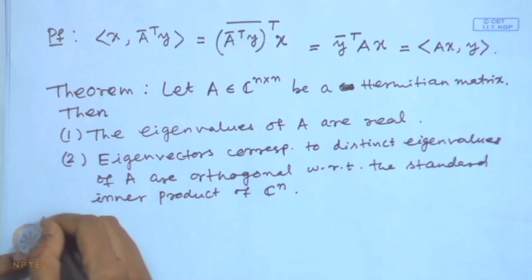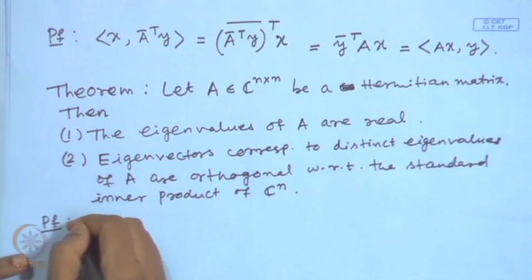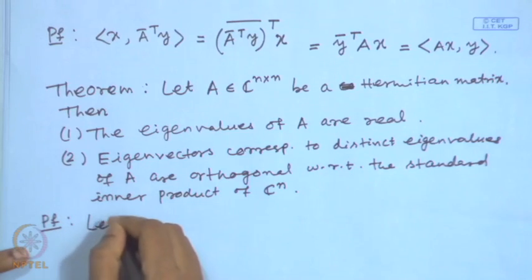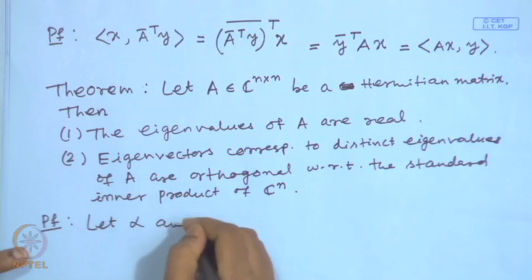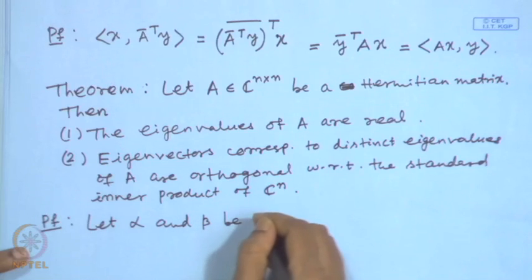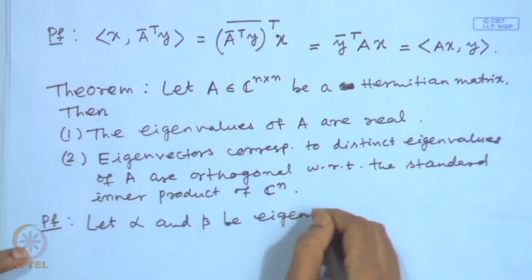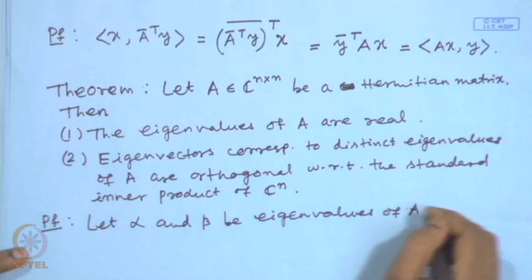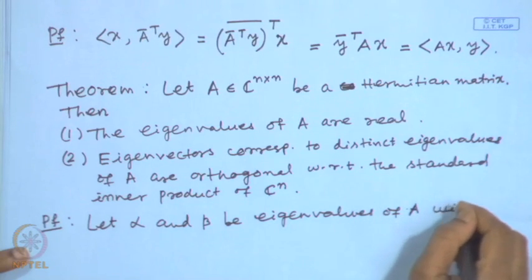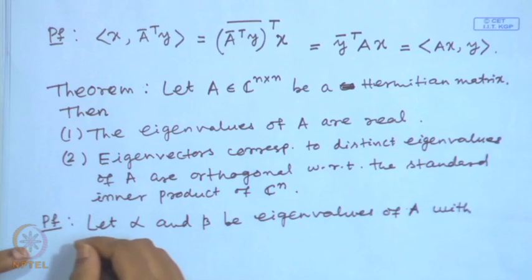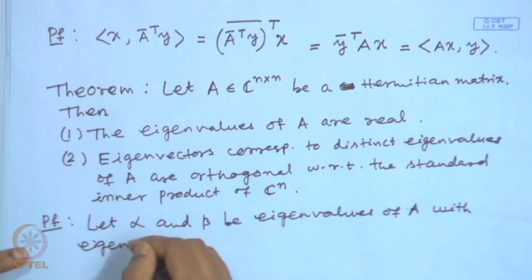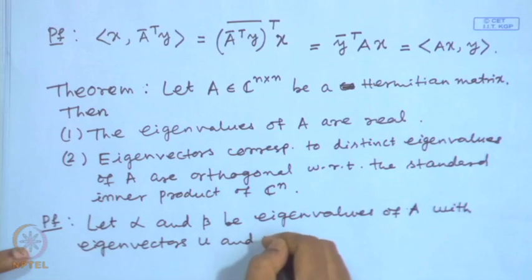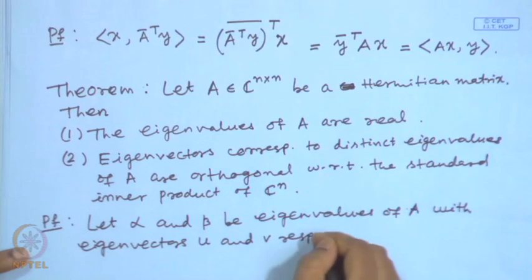So, to prove this, we consider eigenvalues. Let alpha and beta be eigenvalues of A with eigenvectors u and v respectively.